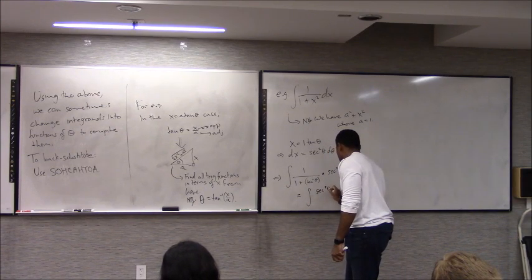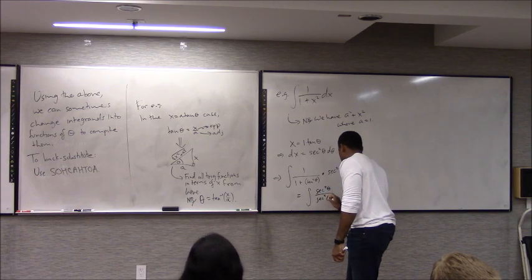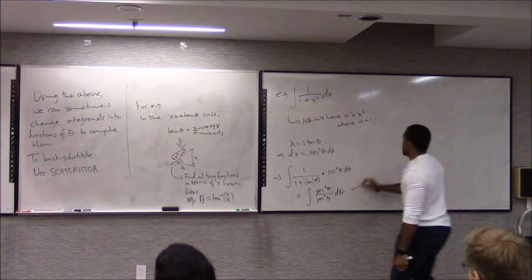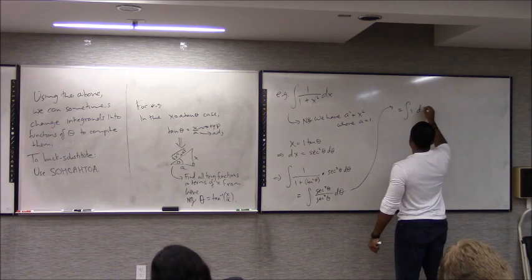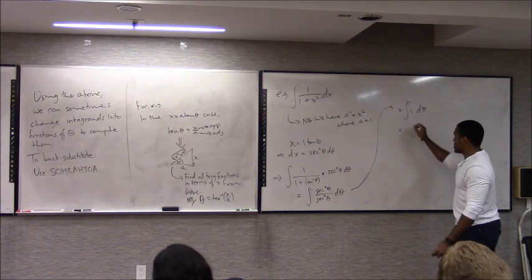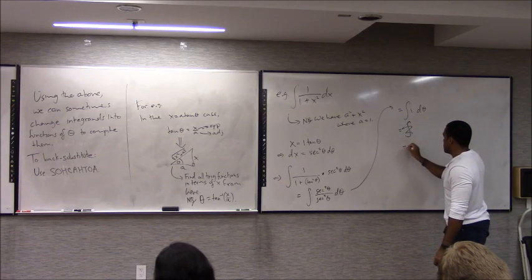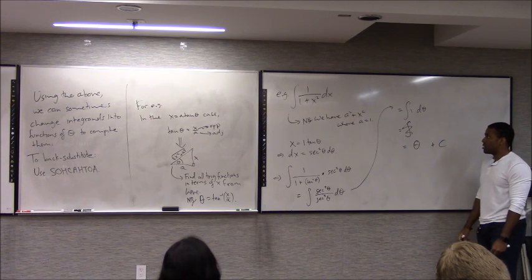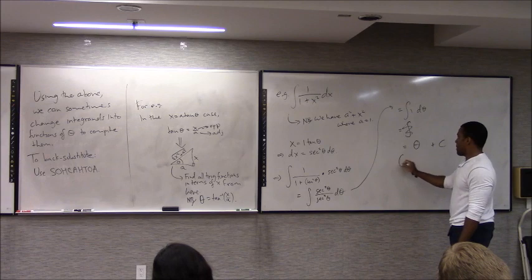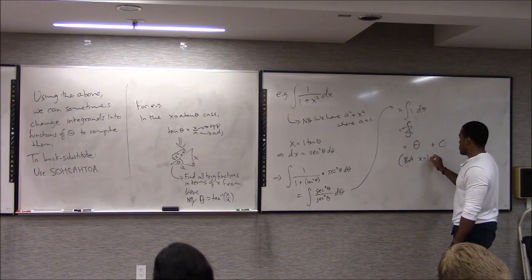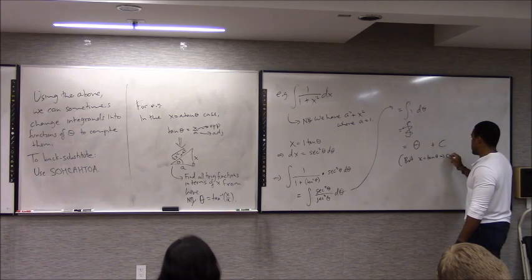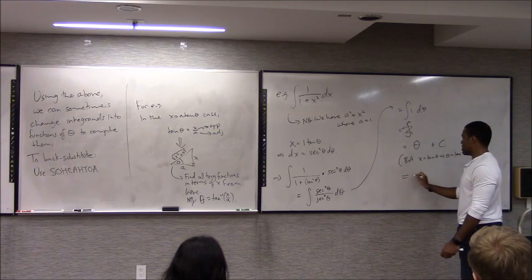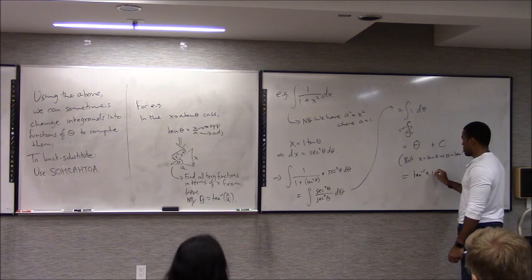So here, I end up with secant squared over secant squared, because 1 plus tangent squared is secant squared. Well, that's just the integral of 1 d theta, which is theta plus c. We know that x is equal to tangent theta, which implies that theta is the tangent inverse. So that just gives you tan inverse of x plus c.